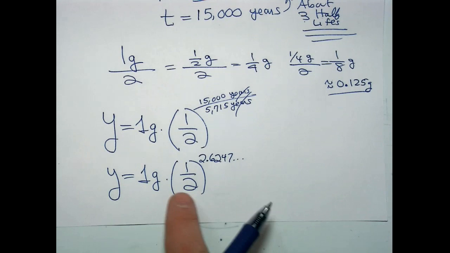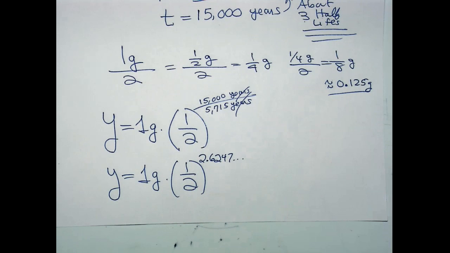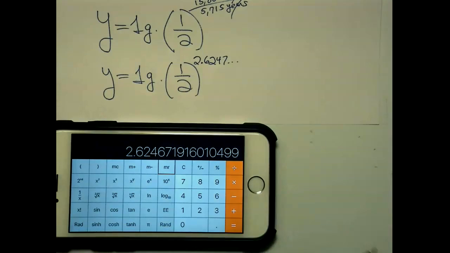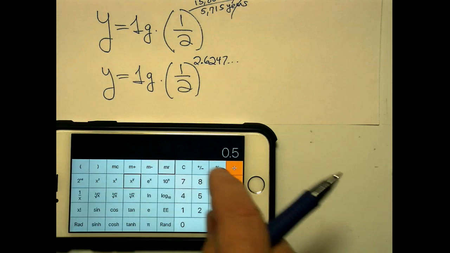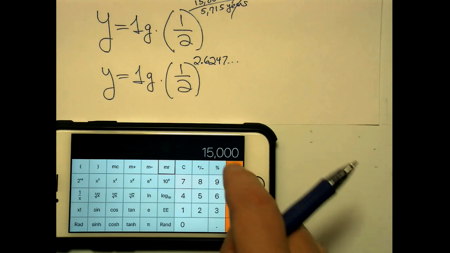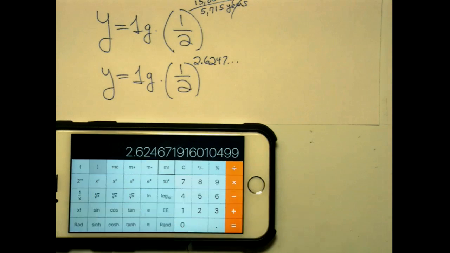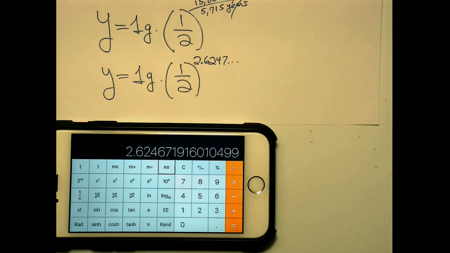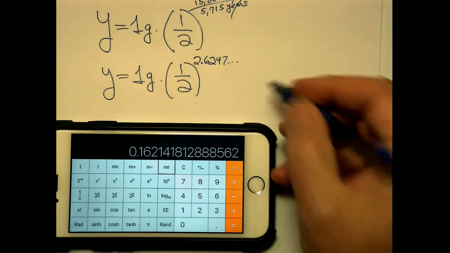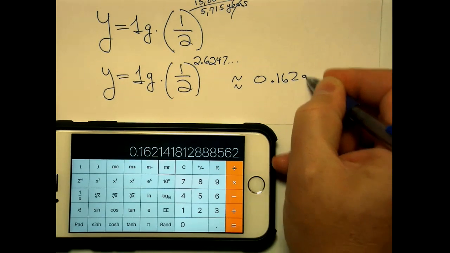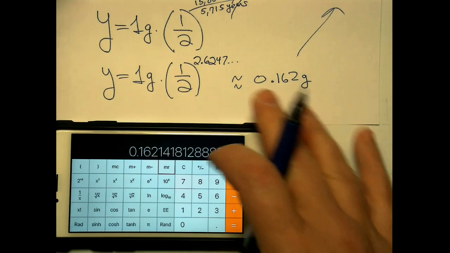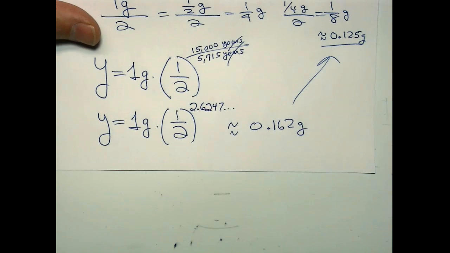So guys, what we're going to do now is find out, do we really get about 0.125? So I am now taking my half, and I'm raising it to 15,000 divided by 5,715, which I said was about 2.612, equals, and we got about 0.162 grams left, which is not 0.125, but that's quite okay because we actually did not allow 3 full half-lives to go by.